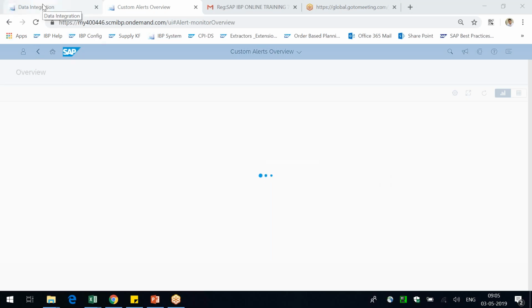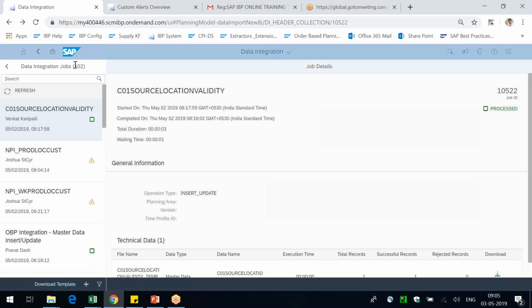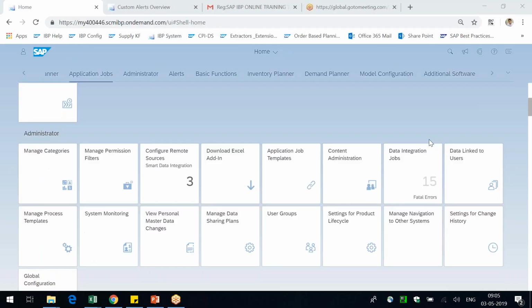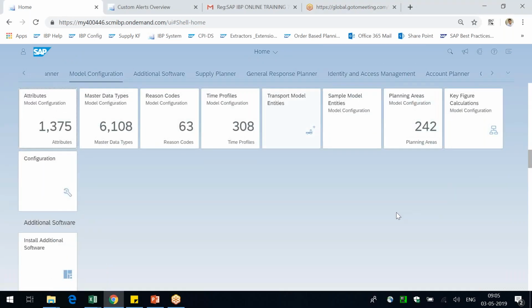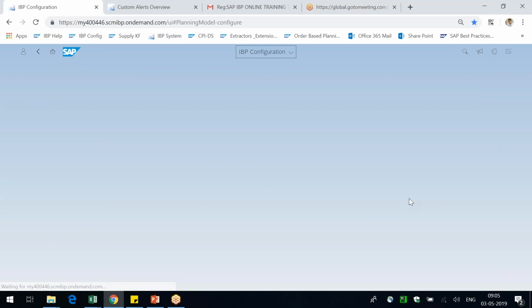Now for the key figure alerts, if the business is clear about the condition, we have to write a calculation for it. That happens in the model configuration. So I'm thinking, guys, once the supply planning is done, we'll start with the model configuration. We'll start from scratch: how to create an attribute, a master data, and key figures. We'll spend almost a week on building the model.